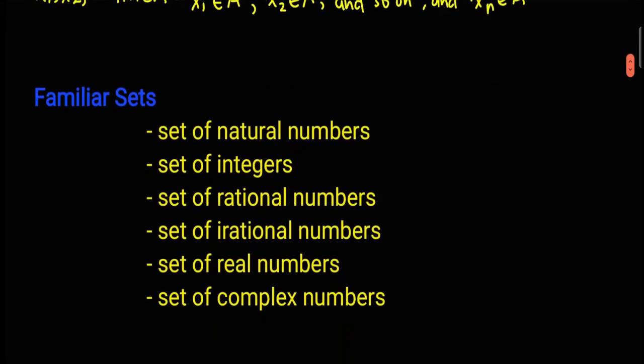We're already familiar with the set of natural numbers, integers, rational numbers, irrational, real, and complex numbers. So to denote these sets, we will use the following symbols. For the set of natural numbers, we usually use capital letter N, but to make a distinction, we will use the blackboard letter N. The set of integers is usually written using the letter Z for the word Zahlen, which is the German word for integers.